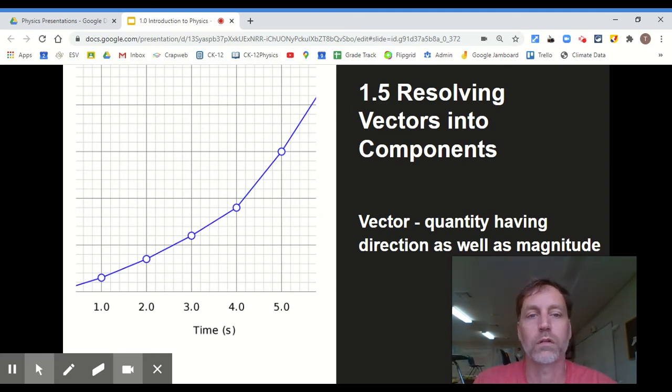That's all a vector is: a quantity of magnitude, a number with a unit, but it also has the concept of direction.